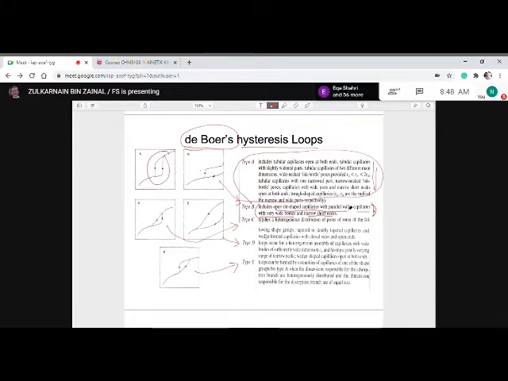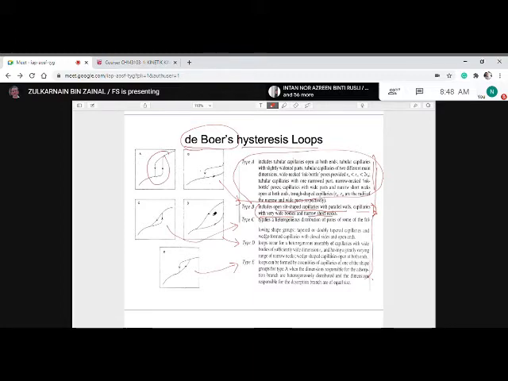When you do your research and get this type of isotherm, you can compare it with the description of the pores, and then you can say your pores are like this, and so on. This is not physical. We don't see this. This is only an interpretation based on the isotherm that you get.